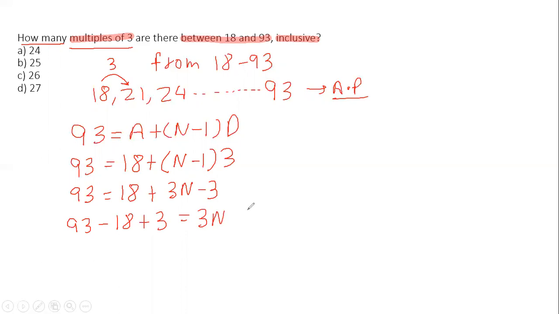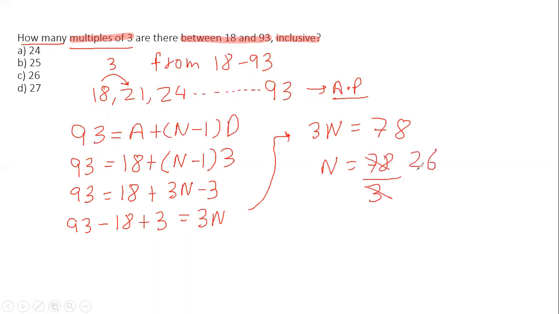So from here, I will get that 3n is actually equal to 93 minus 18 plus 3, which will give me 78. n will be 78 by 3, which actually goes 26 times. So here n, which represents the number of terms in the series, is 26. So guys, it's very basic. You just need to equate the last term with a plus n minus 1 times d, and you'll get the number of terms in an arithmetic progression, as I already told you.